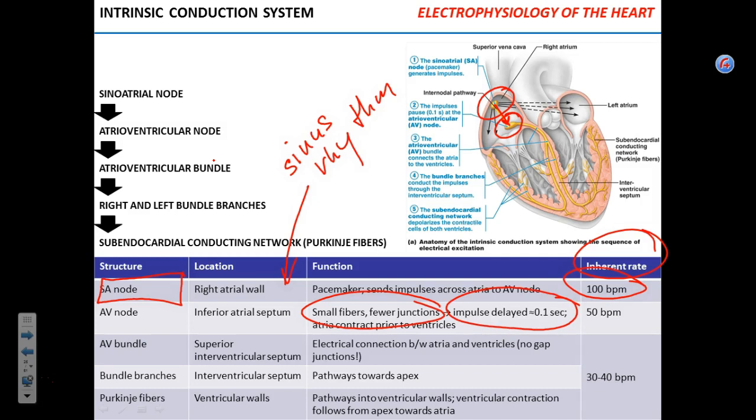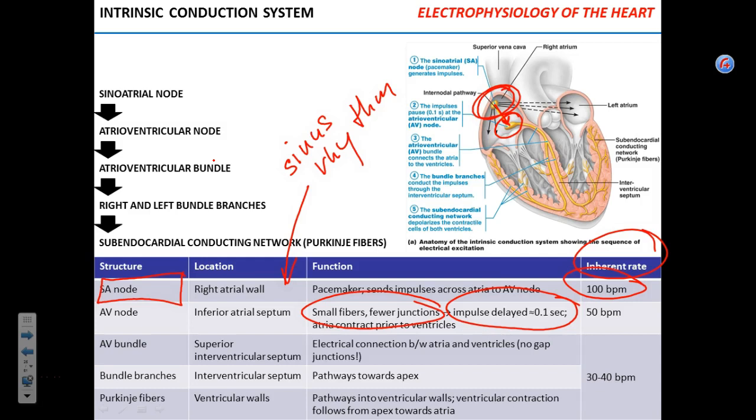Okay, so think about this. Let's talk about electricity. So when you have electrical signal generated in the atria, in the right atrium, in the SA node, that leads to the contraction of atria.